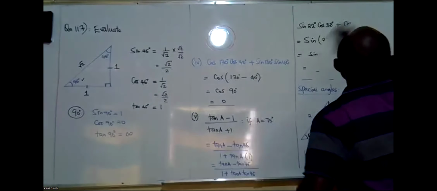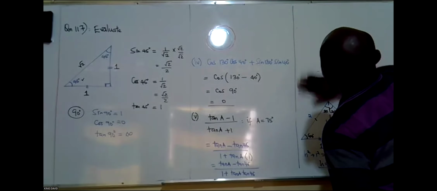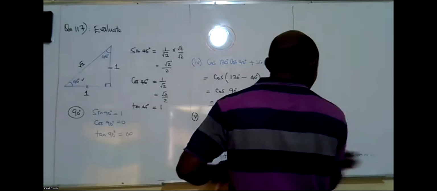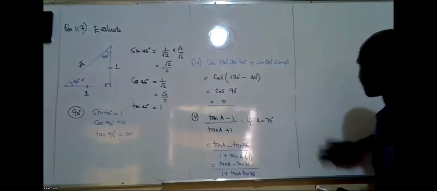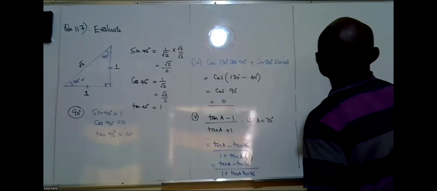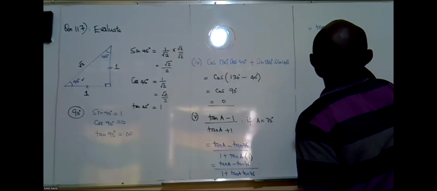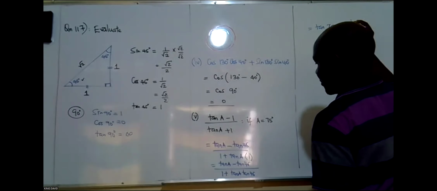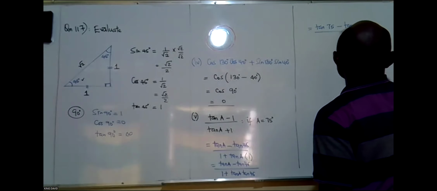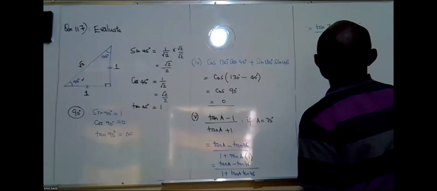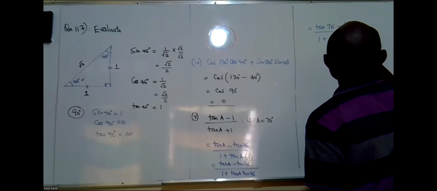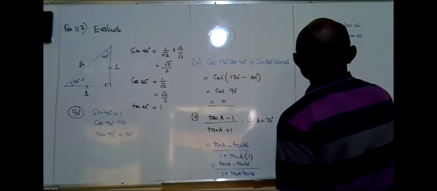But remember, our A is actually a 75 according to the equation. So this is going to be tan of 75 minus tan of 45 out of 1 plus tan 75 tan 45.